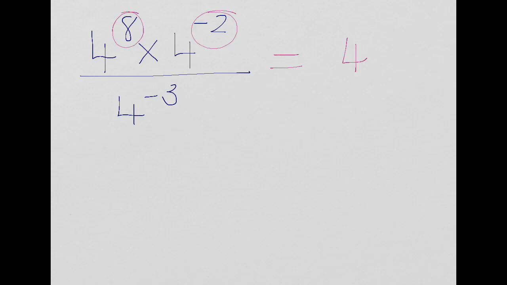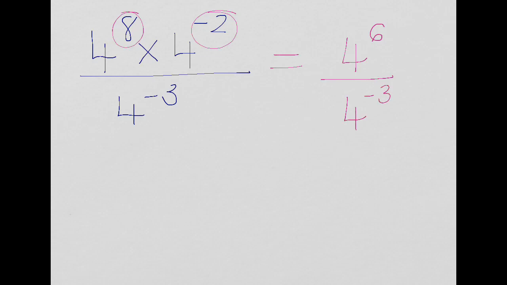So here I've got to do 8 add negative 2, and as I'm adding a negative number, I'm going down the number line. So that would be 4 to the power 6, and that would be over 4 to the negative 3.